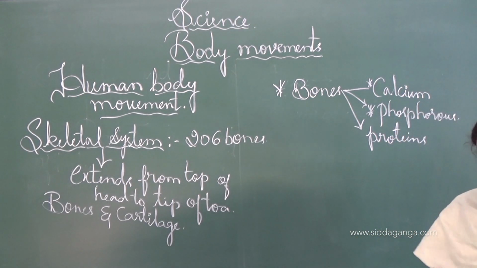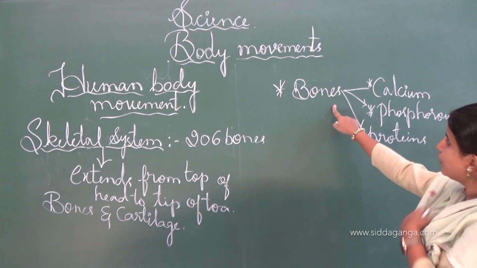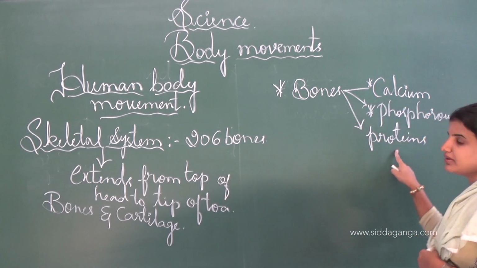See, bones are made up of calcium, phosphorus and proteins.